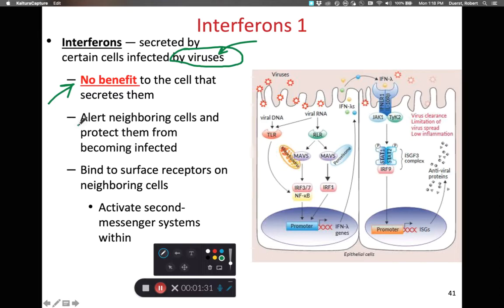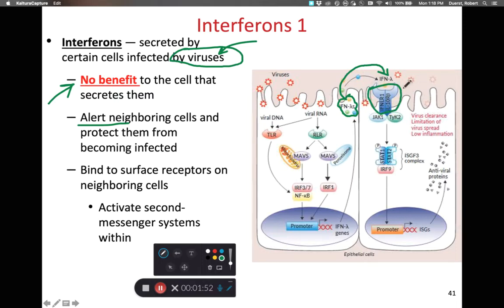So the purpose of these interferons is to alert neighboring cells and reduce the chance of those neighboring cells becoming infected. As these interferons are produced, and here we have some interferon being released by exocytosis, those interferons travel next door and bind to the interferon receptor.